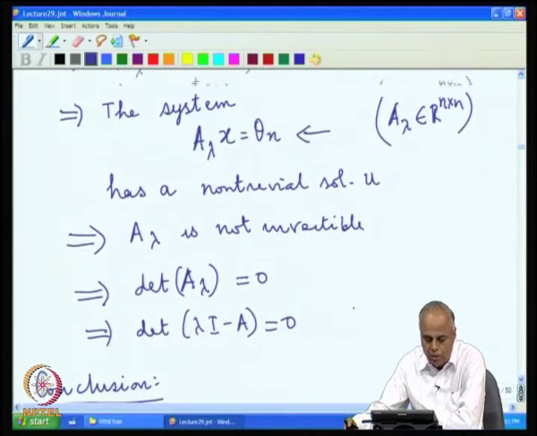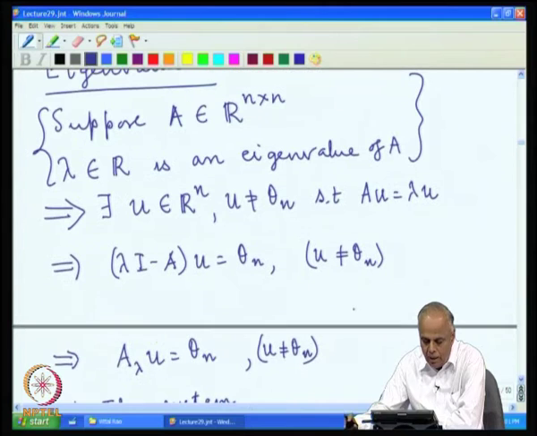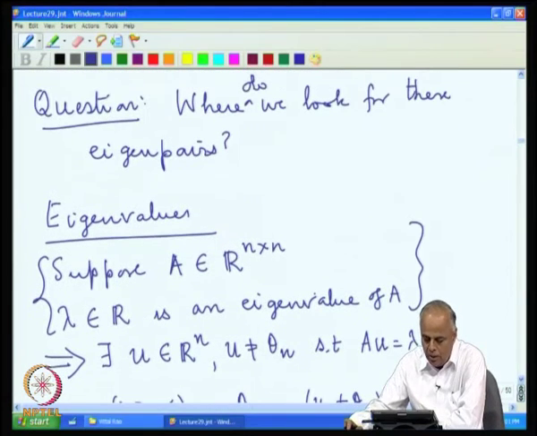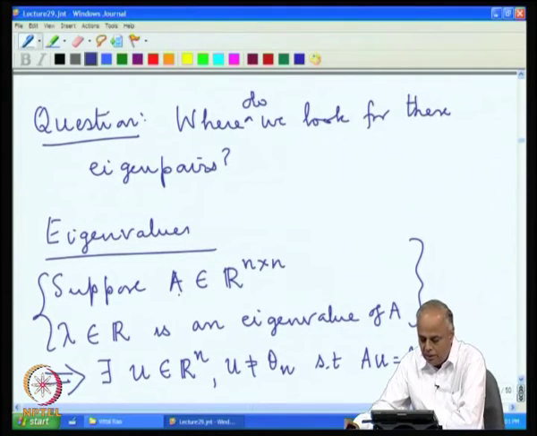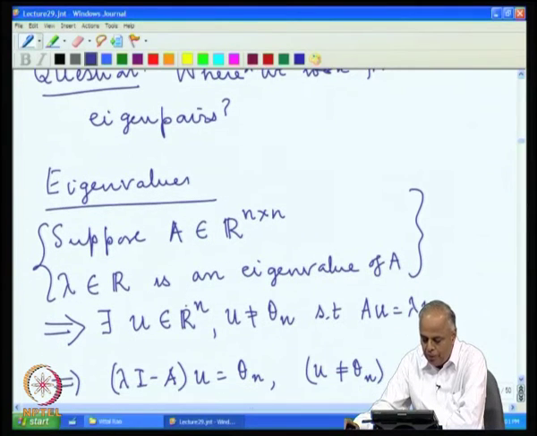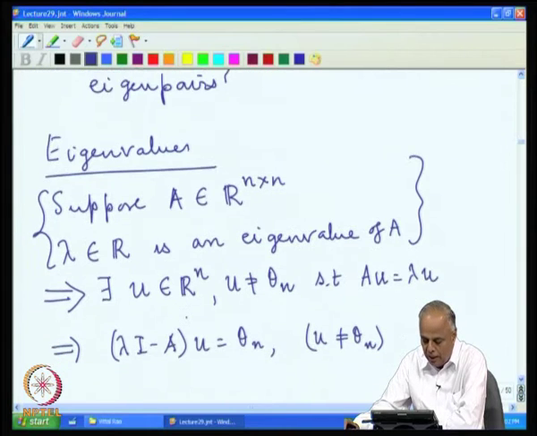Let us go through this argument again. We said that suppose A is an n by n matrix, then if lambda is an eigenvalue, there is a u such that u is not 0 and A u is lambda u. This implies (lambda I minus A) u equals theta n.